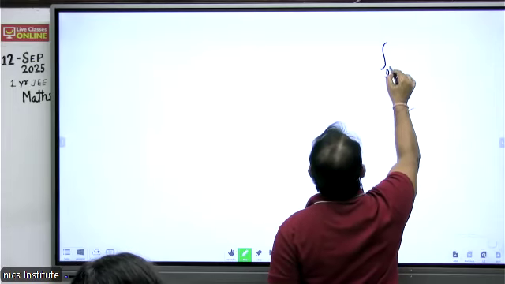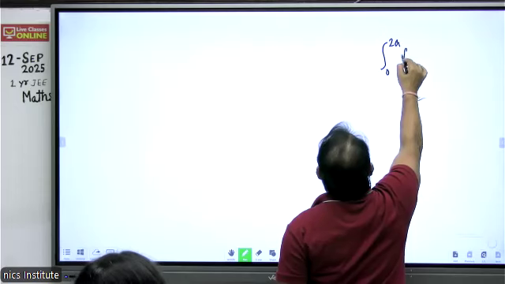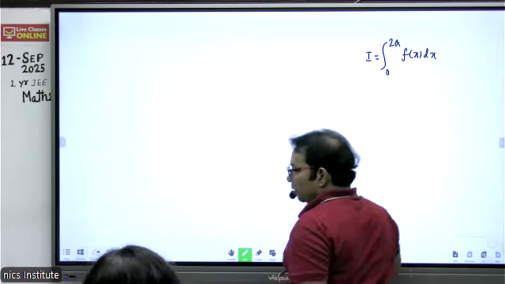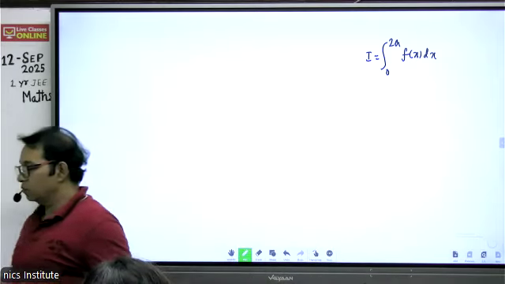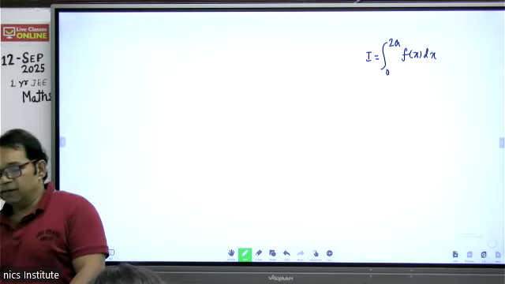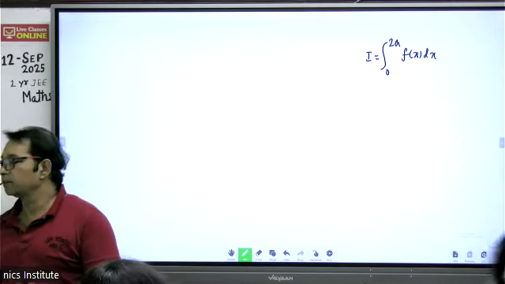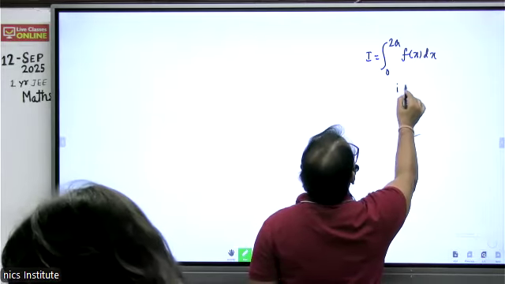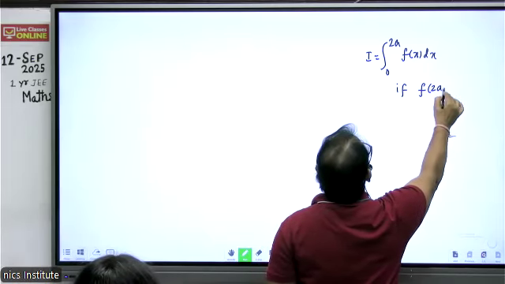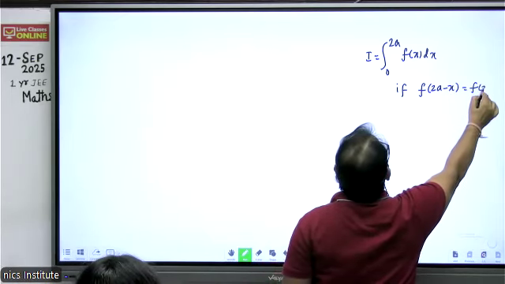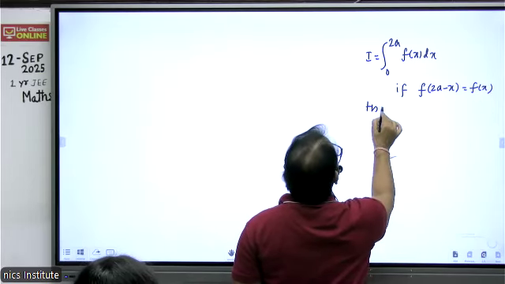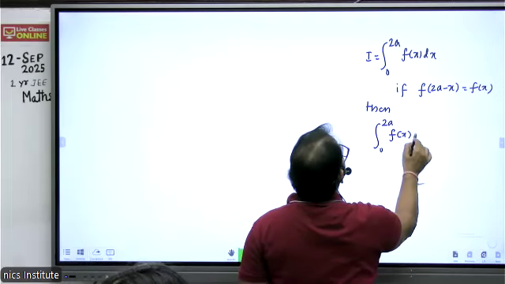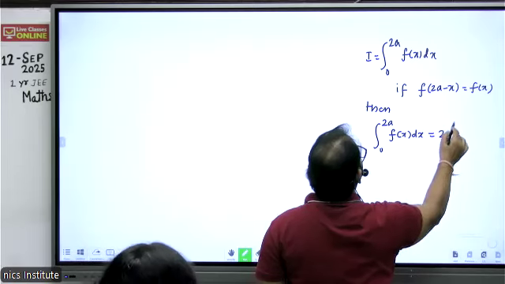If you have some integral 0 to 2a f of x dx, then if f of 2a minus x is equal to f of x, then 0 to 2a f x dx can be written like this.